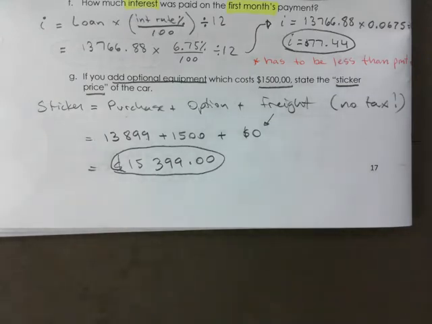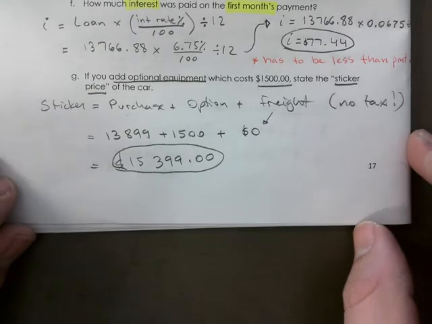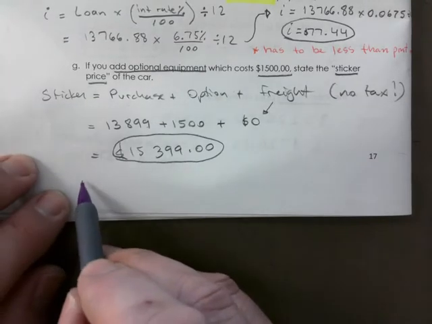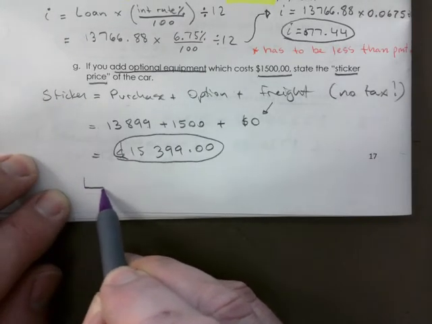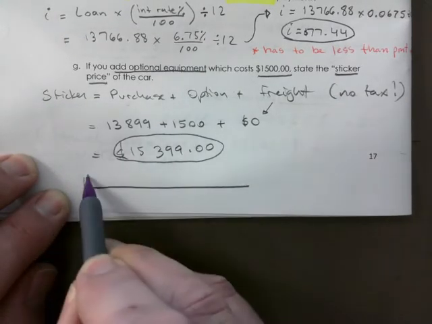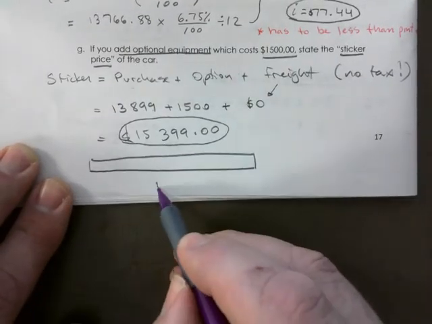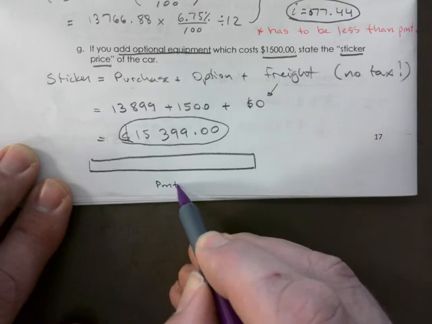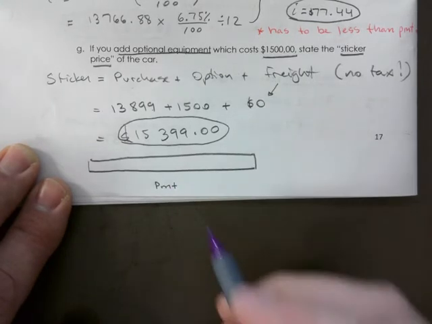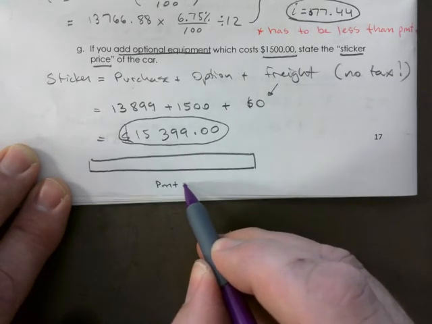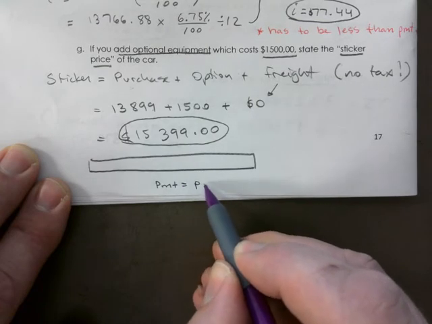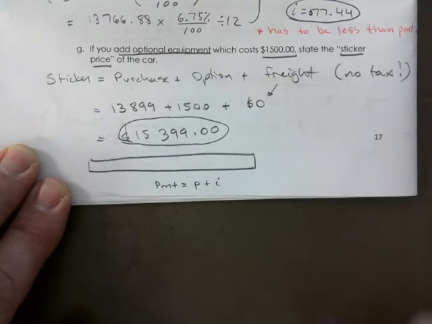And I promise you, this is the last thing on this page. Can you do this at the bottom? If you have some room here, just make a bar like this. Right? This represents your payment, which is always principal plus lowercase interest, like that.